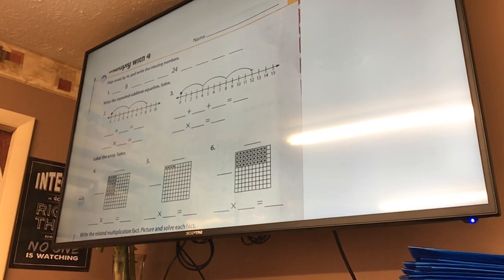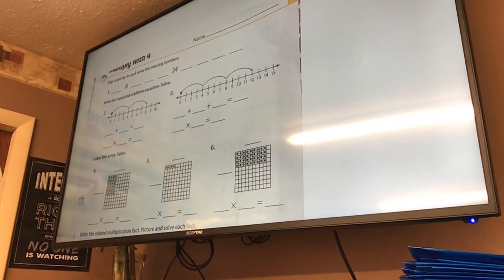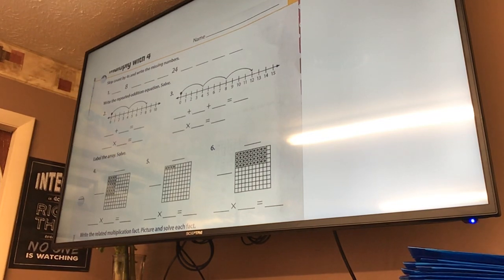All right, then they have repeated addition. Like we've learned, multiplication is repeated addition, however many times they tell you to add it up. So, how many jumps do you see? 2. 2 jumps of 4. So what would that be? That would be 4 plus 4. When you add it up, you'd be adding 4, and you'd be adding 4, and that equals 8.